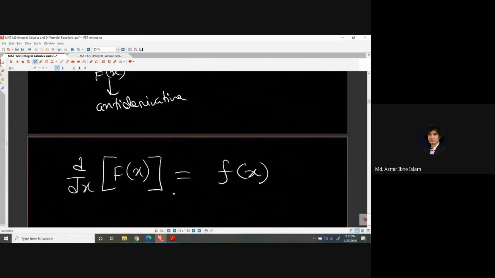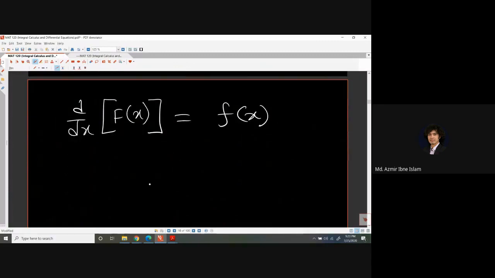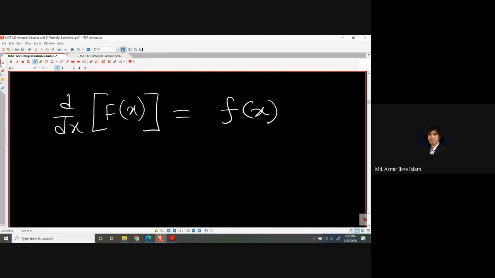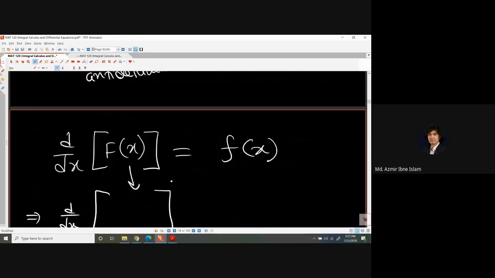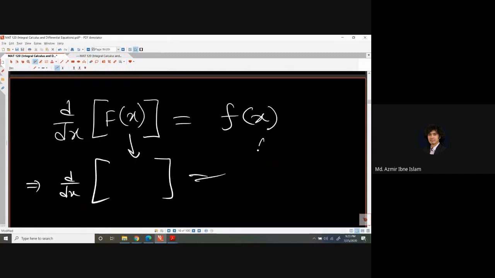So we need to verify this one, because without this concept some parts of integral calculus will be missing. So let's differentiate the antiderivative function, and we want to verify whether the main function is coming back or not.